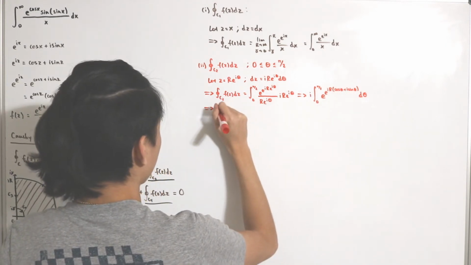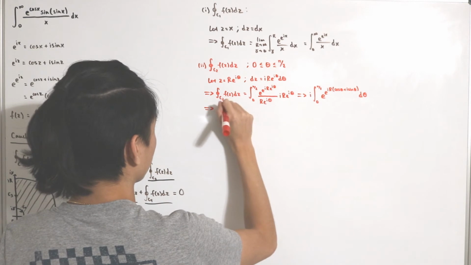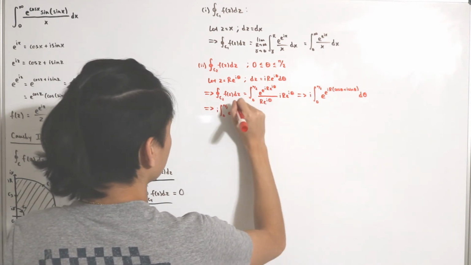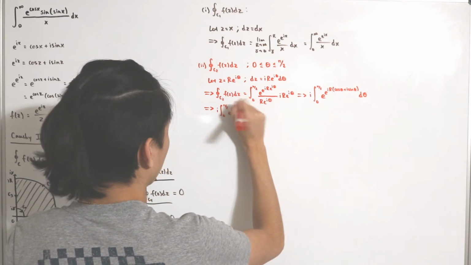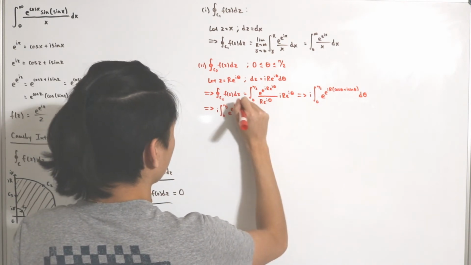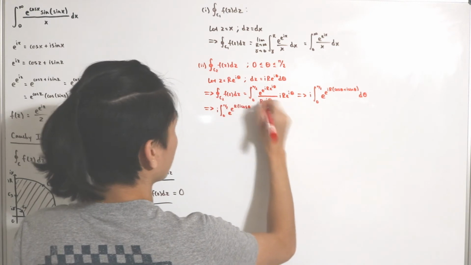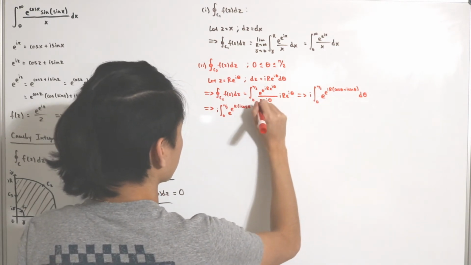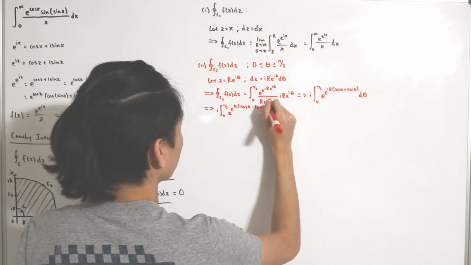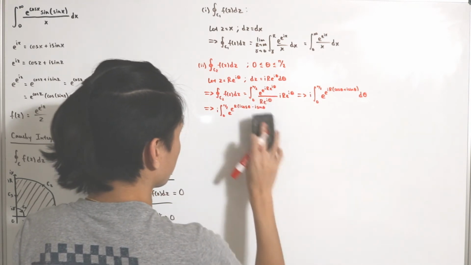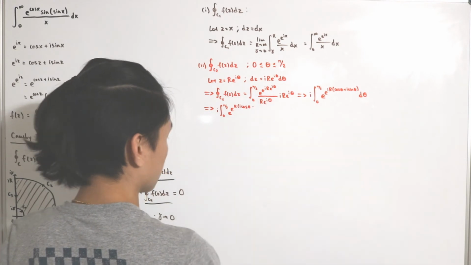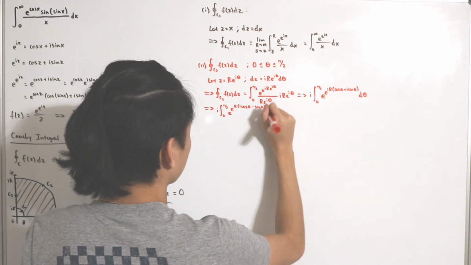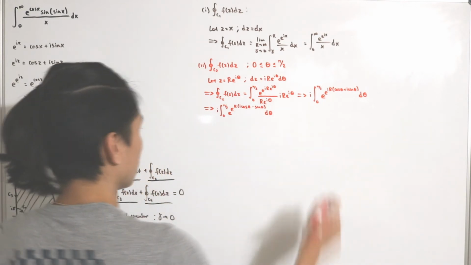So this is e to the power R, then i cosine theta, and then i squared is just minus 1, so it's minus sine theta, d theta.